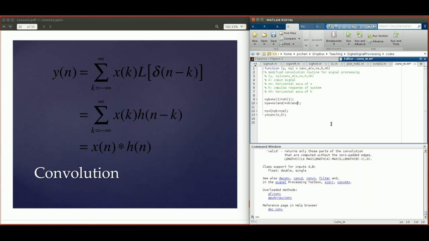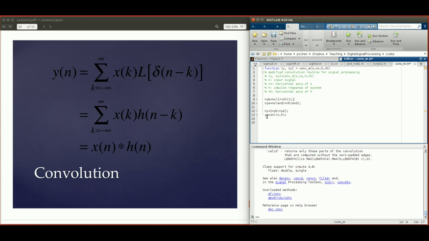You can just use end. That's the Matlab default. And then the horizontal axis of y, the output signal, equals nyb to nye. So the output signal has its first index at nyb, which is basically the summation of the starting indices of the two input signals, the input signal and the impulse response.